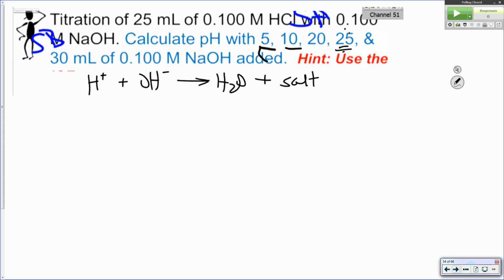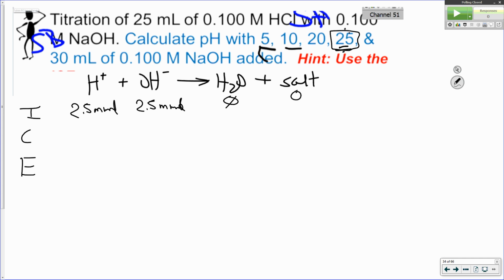Right, so now at 25 mils volume added. So at 25 mils, still the initial amount of H plus. If I go concentration times volume for the OH minus, now it is also 2.5. So initially, there's no products. So the two things react and annihilate each other.